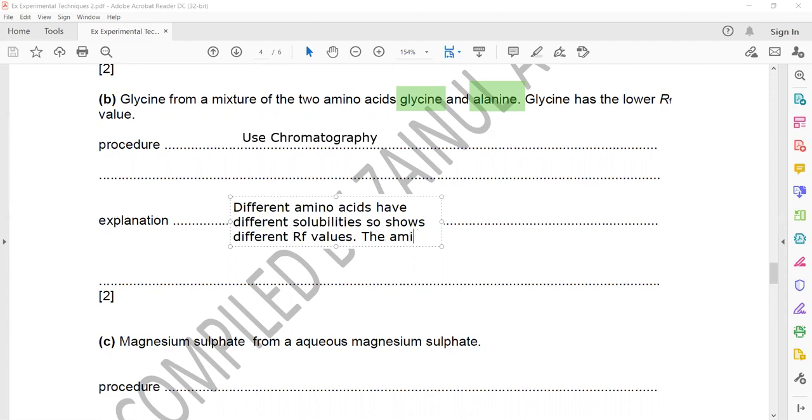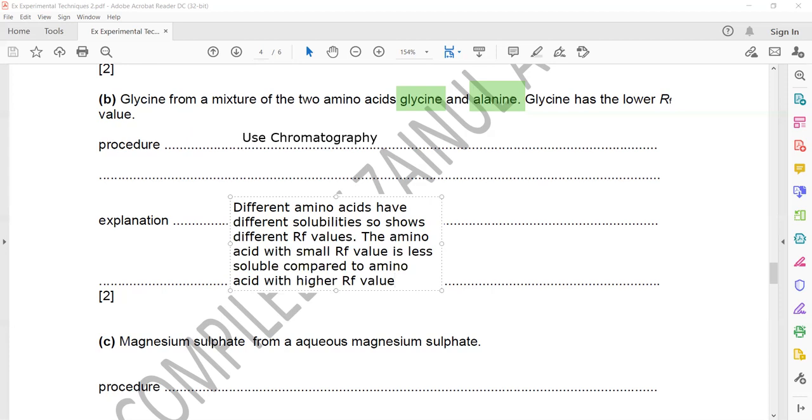The amino acid with a lower RF value is less soluble compared to the amino acid with a higher RF value.